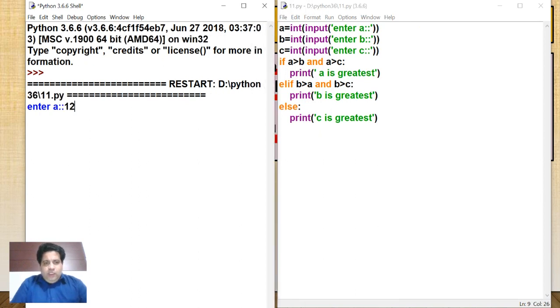Now enter 12, 3 and 10. Now see here, 12 is greater than 3 also and 12 is greater than 10 also. So A is greatest. So the output is coming A is greatest. Clear? Now again run the program.